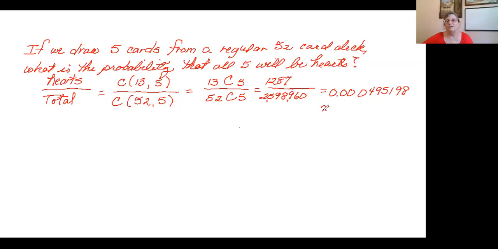So depending on what the instructions say to do, I don't think they're going to ask you to reduce this fraction, but if they want you to divide it out, they need to tell you how many decimals to go out. So they might go like 495, or they might go 50, since if we go to the decimal place where the 9 is, then we would look one past that.